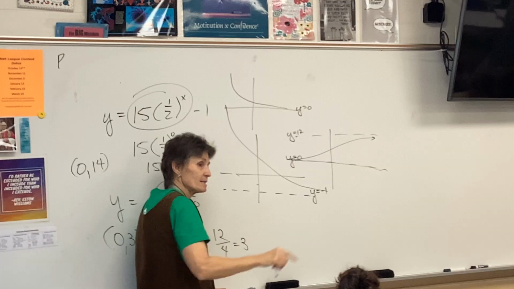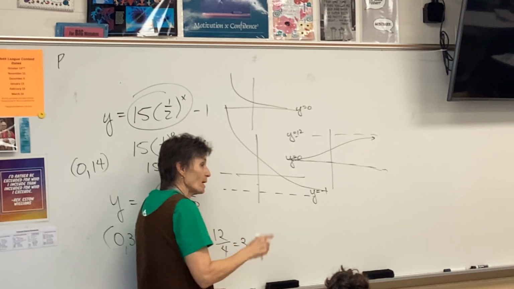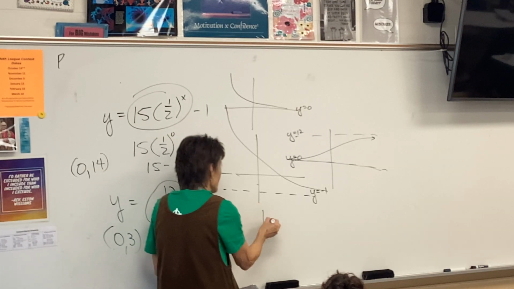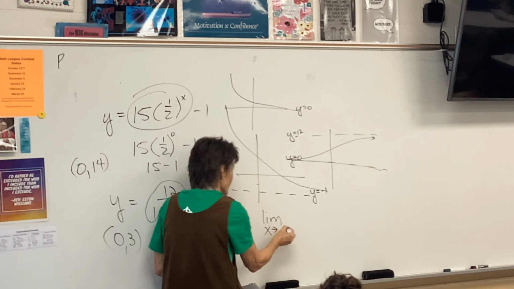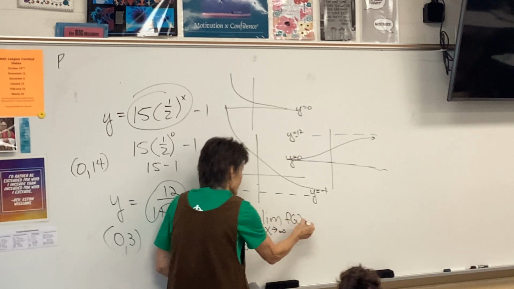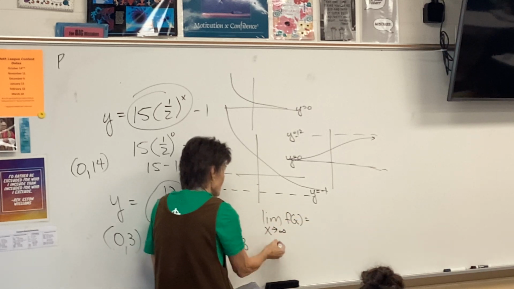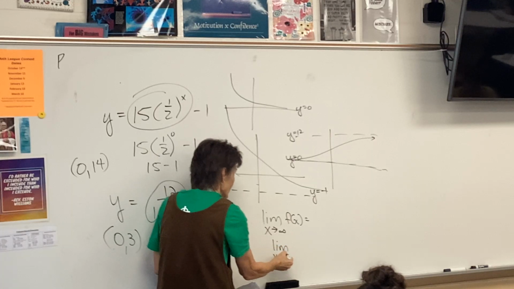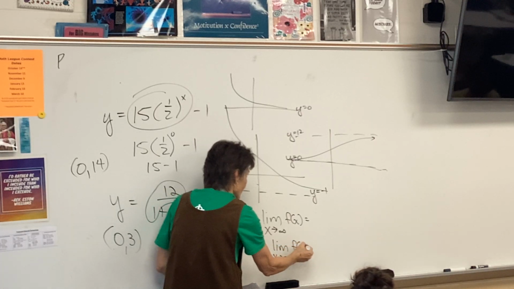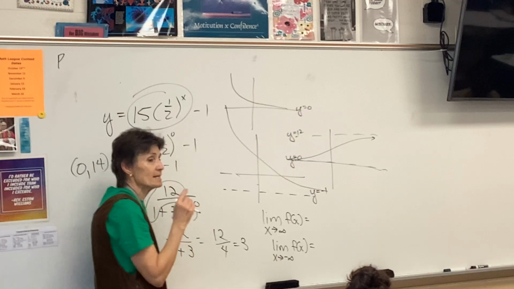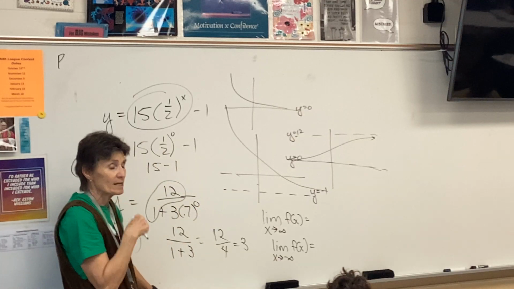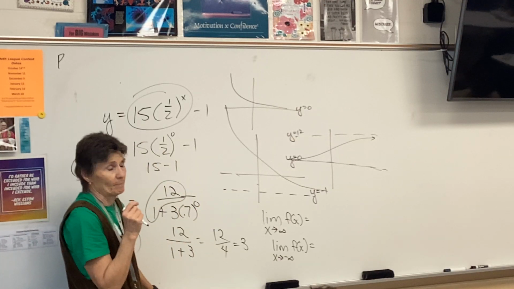We talked about this the other day. If you want to get credit for this question, you're going to answer it like a calculus student. You're going to say the limit as x approaches infinity and the limit as x approaches negative infinity. That is the end behavior notation that big kids use.